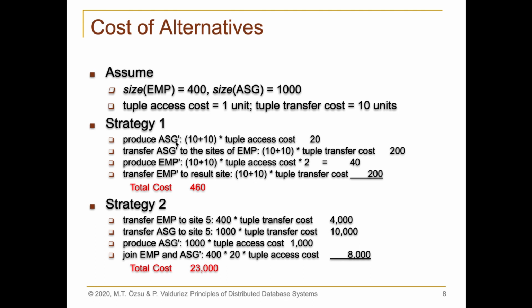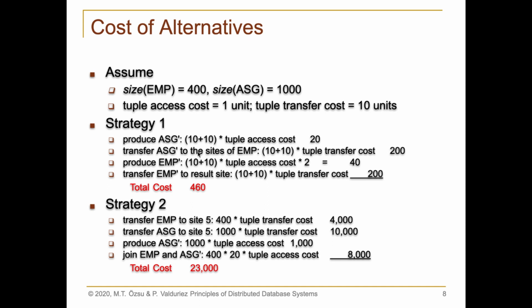And in order to get the production cost of both of these sub-relations, you can simply multiply the product of the number of tuples with tuple access cost by 2.